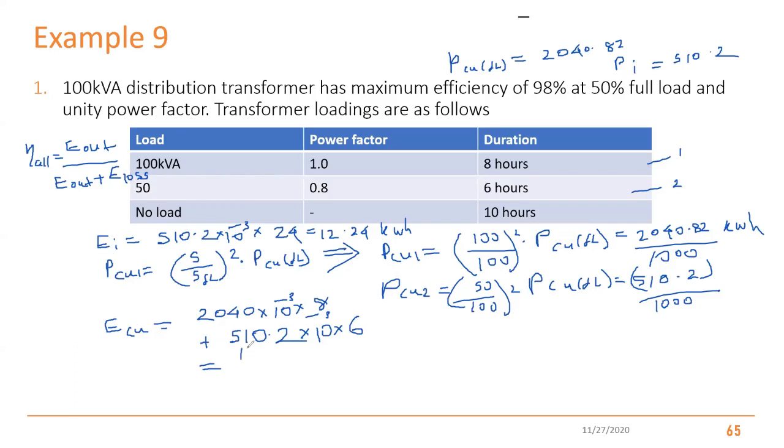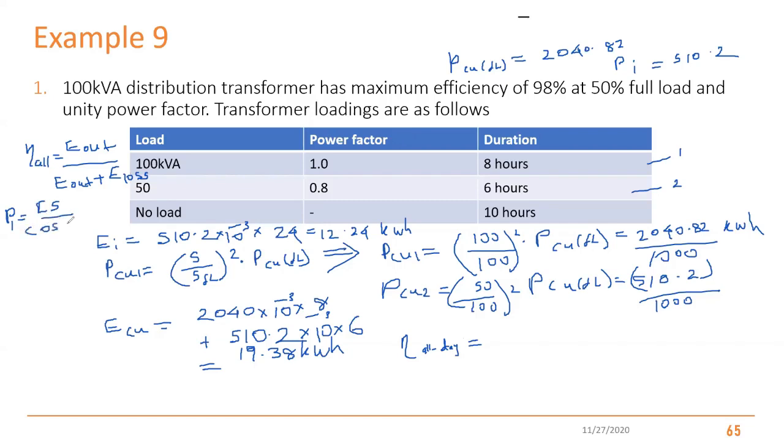This is 19.38 kilowatt hours. So now I can use this equation, the all day efficiency. Then you have to calculate the E out also. Here P1 can be calculated as the apparent power divided by cos phi.